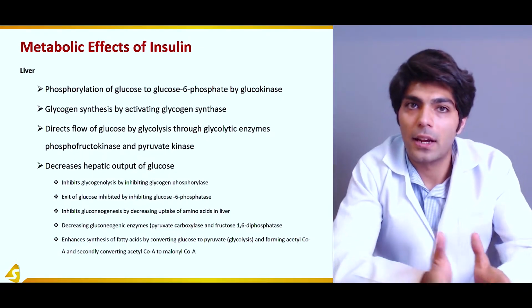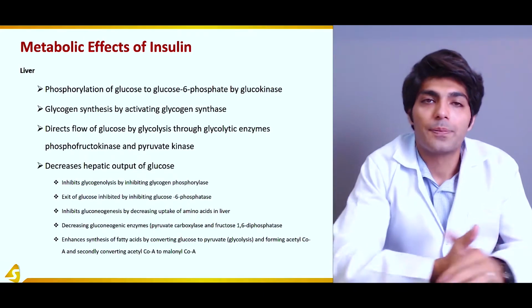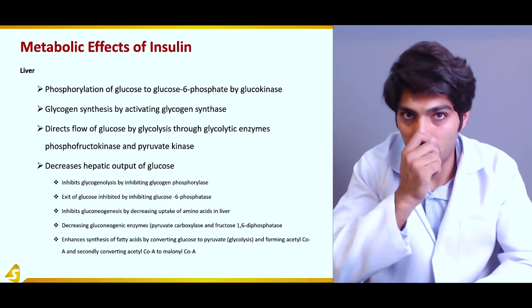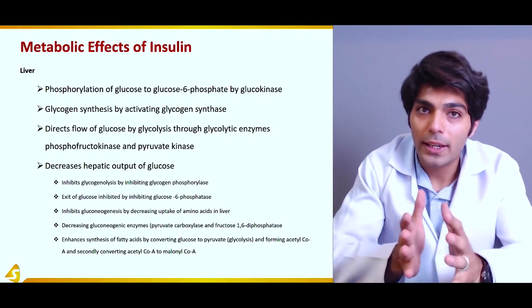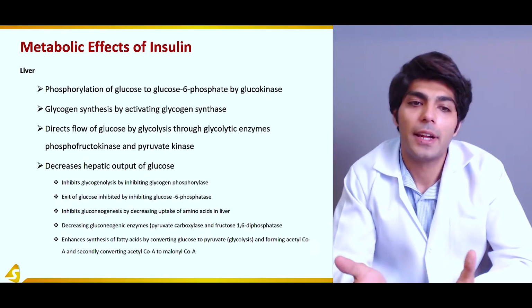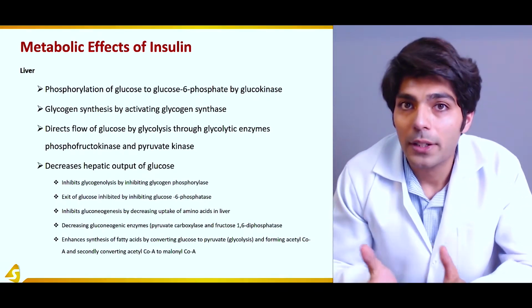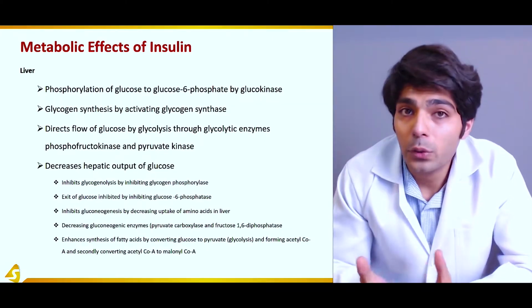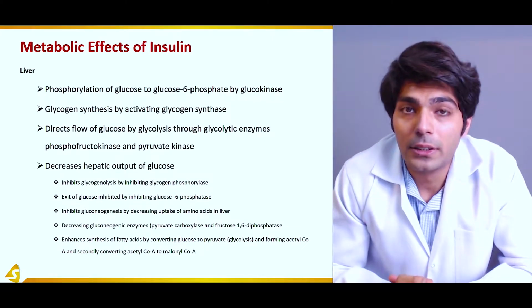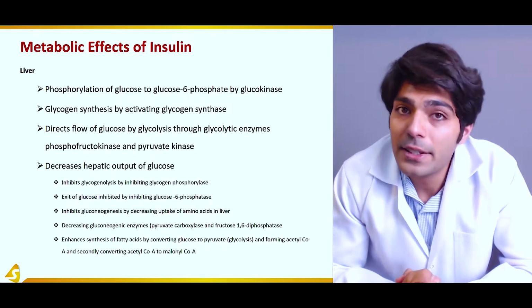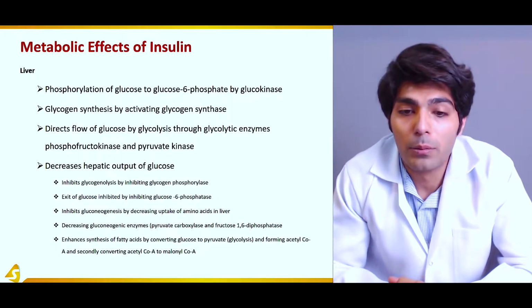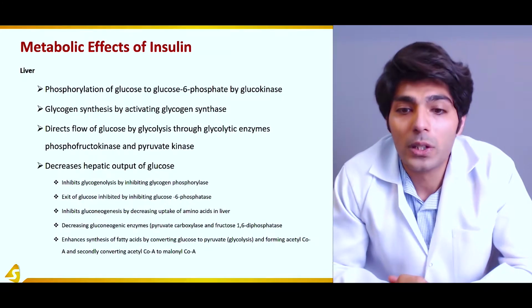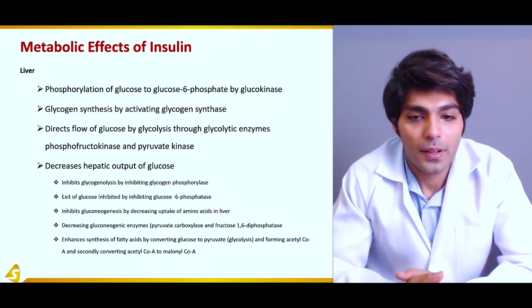Amino acids are dragged to the liver for the formation of glucose, so it inhibits the entry of amino acids into the liver. Hence, gluconeogenesis is inhibited. There are a few gluconeogenic enzymes, which are pyruvate carboxylase and fructose 1,6-diphosphatase.